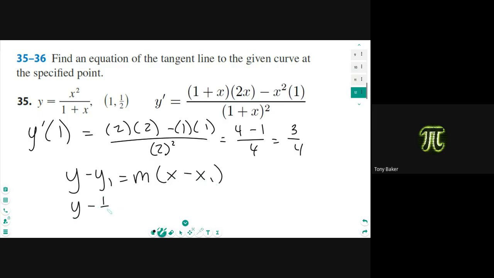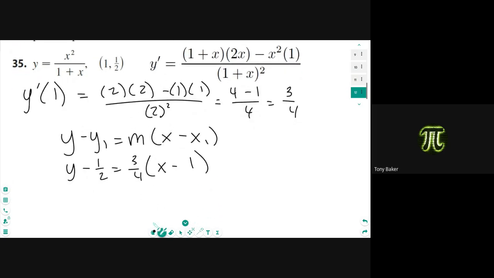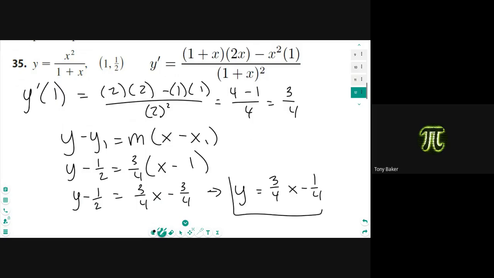So y minus 1/2 equals 3/4 times x minus 1. That would be my tangent line.